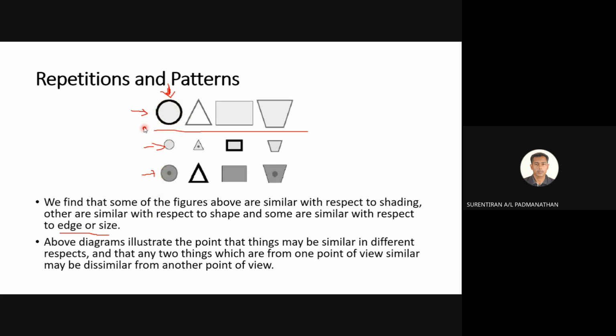You can see this has shade and this one does not have shade. So from one point of view you can say this is all a round shape, but from a different point of view you will see this round shape has shade, this square shape has shade, and this triangle shape has shade. So this is what you have to know about repetitions, how repetitive the similarity is between one shape and another shape.